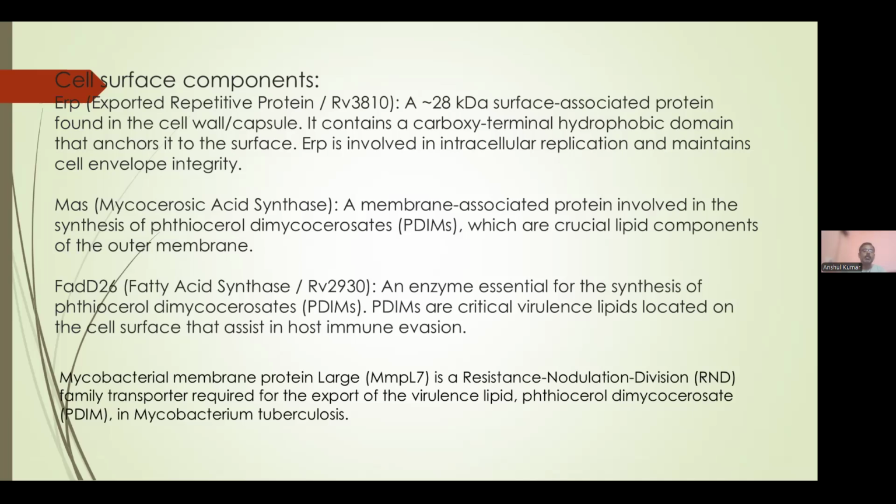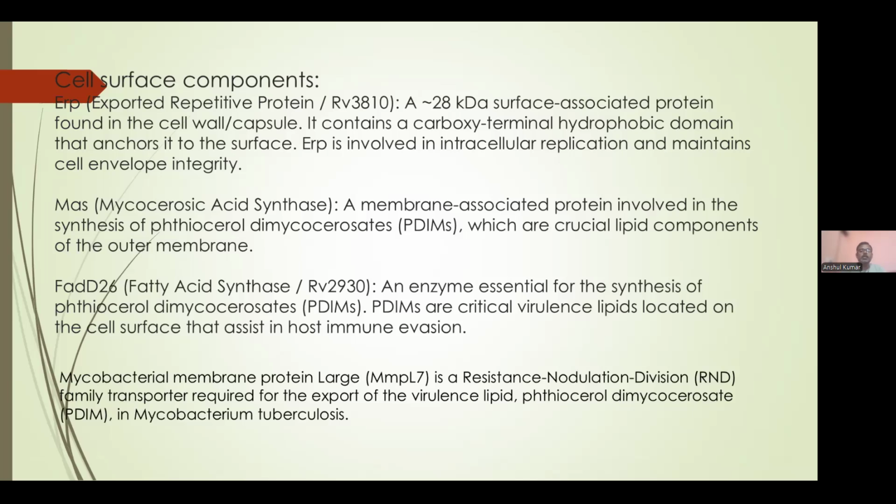Then comes the mycocerosic acid synthase or MAS, a membrane-associated protein involved in the synthesis of phthiocerol dimycocerosates, that is the PDIMs in short, which are crucial lipid components of the outer membrane. Then FADD26 fatty acid synthase, synthesized by the RV2930 gene, an enzyme essential for the synthesis of phthiocerol dimycocerosates, PDIMs.